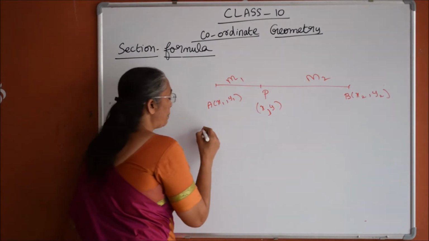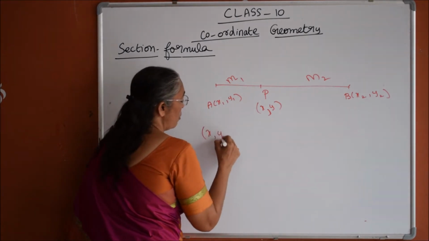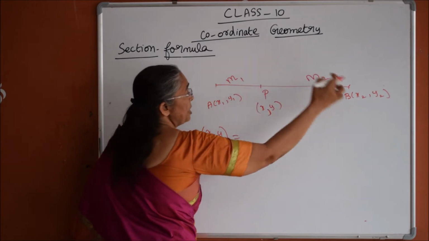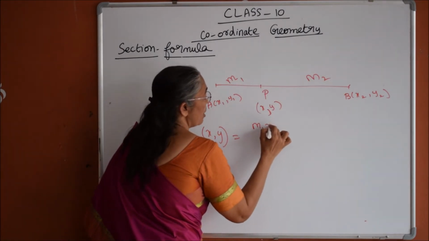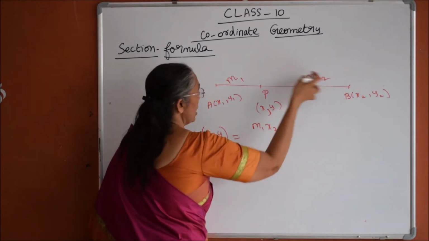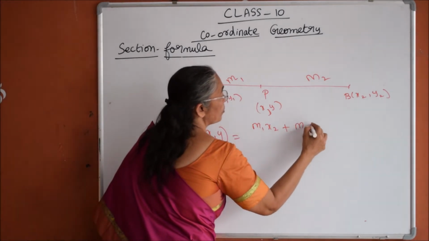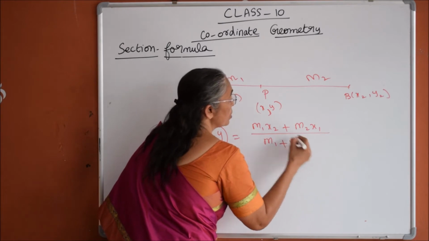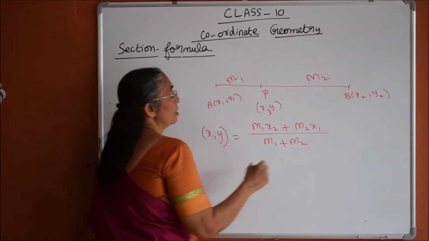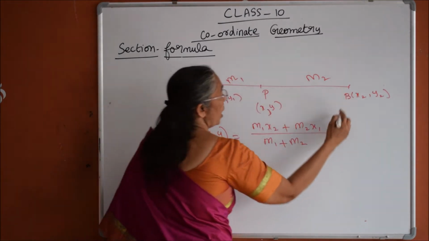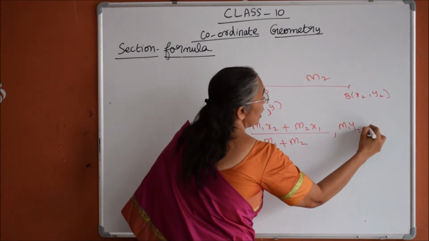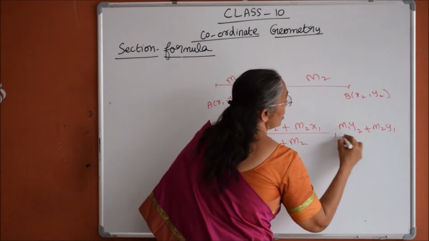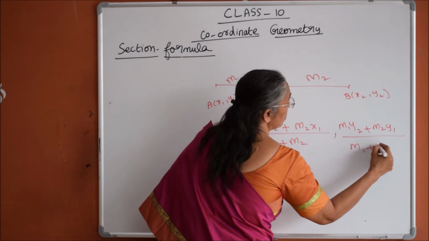So, the point P (x, y) is given by x equals (m1 x2 plus m2 x1) divided by (m1 plus m2), this is the x coordinate, comma, y equals (m1 y2 plus m2 y1) divided by (m1 plus m2).